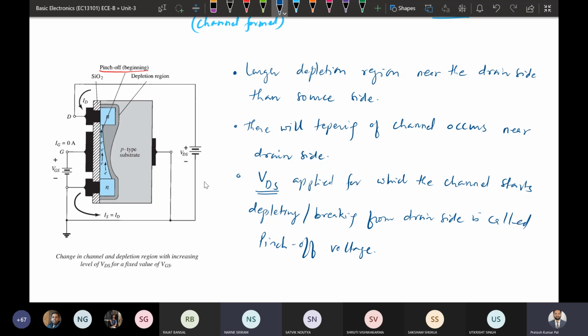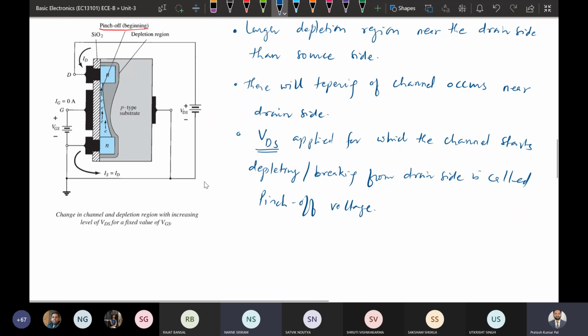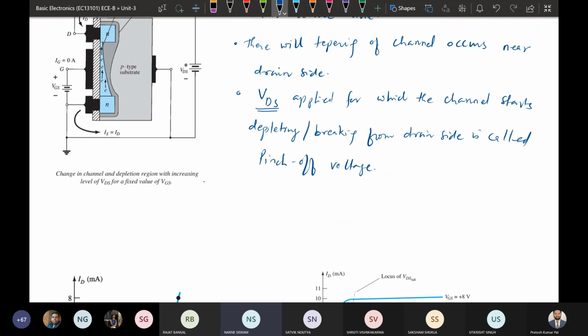Whatever drain to source voltage we further increase, there will be a time when the channel has tapered and now it starts depleting. In the symbol form we can see, instead of the channel extending all the way, the channel will further deplete and it will extend up to here only. So now this will be the channel.